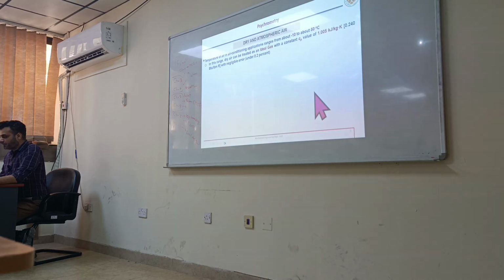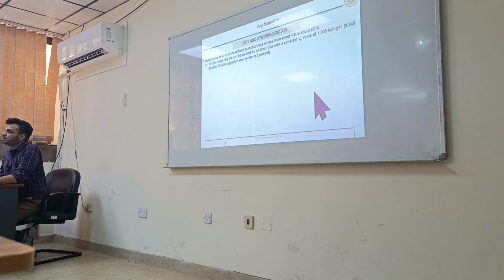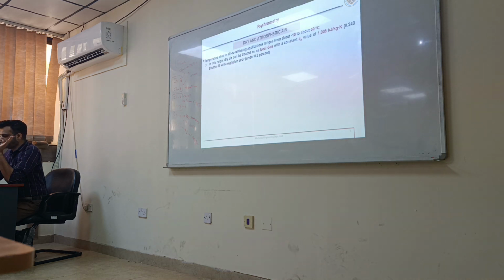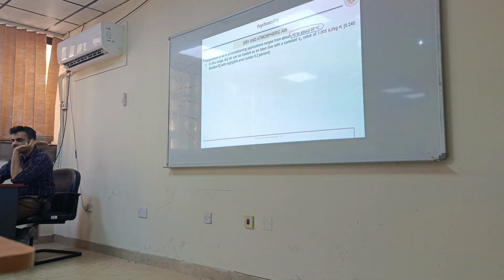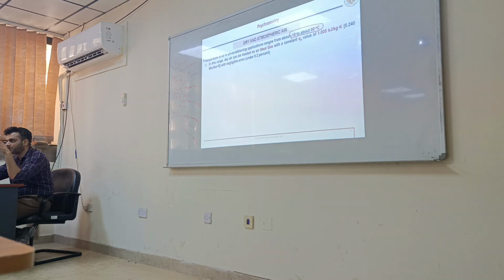So the temperature of air which we are dealing with in air conditioning systems: what is the minimum and maximum temperature range in any air conditioning system? It will be between these two values. In air conditioning, we are not dealing with air higher than 50 and we are not dealing with air below -10. It is always between these two limits.